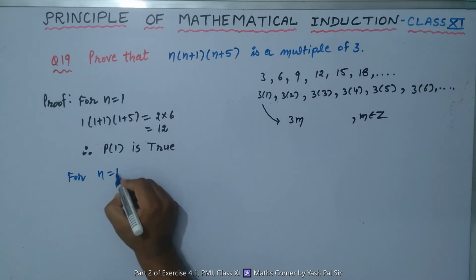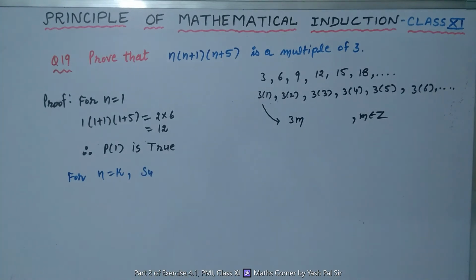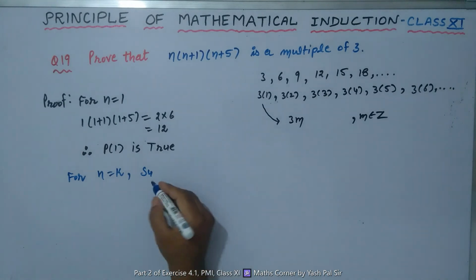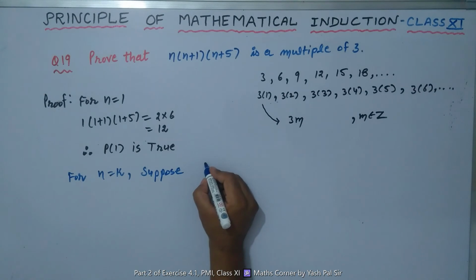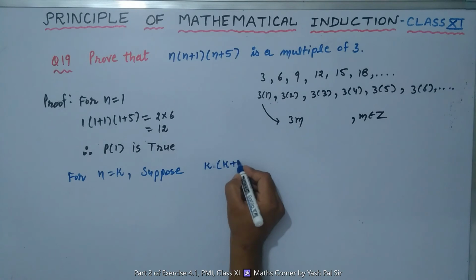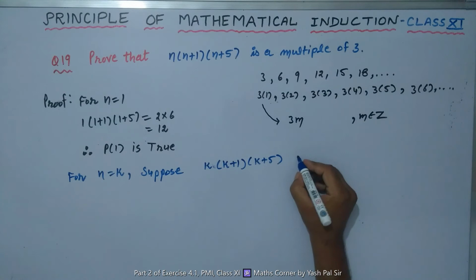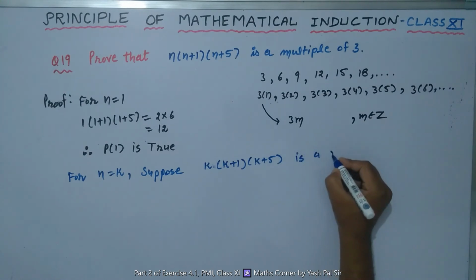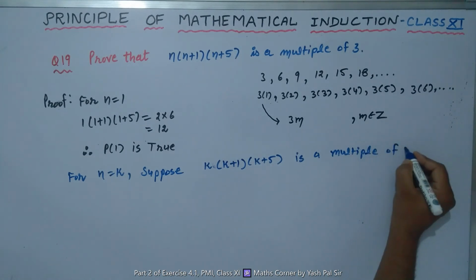For n is equal to k, suppose we are putting here k into k plus 1 into k plus 5 is a multiple of 3.